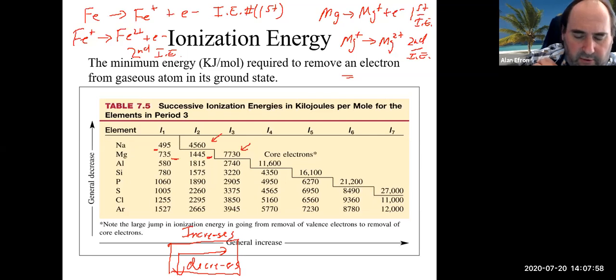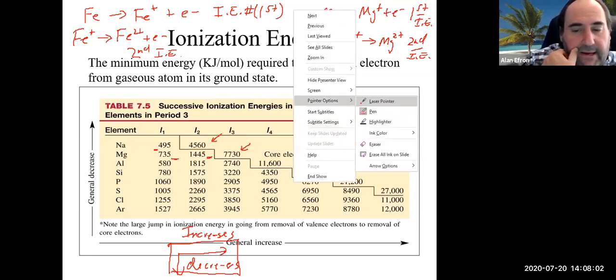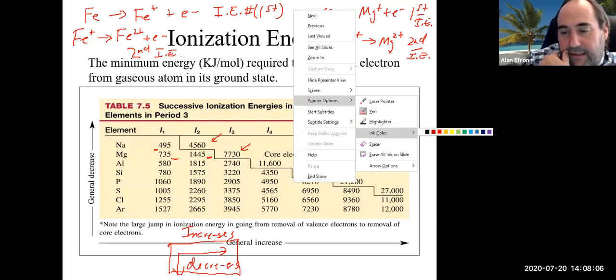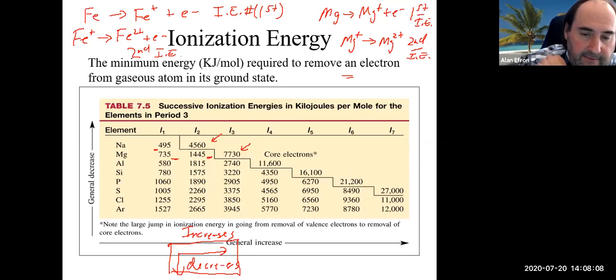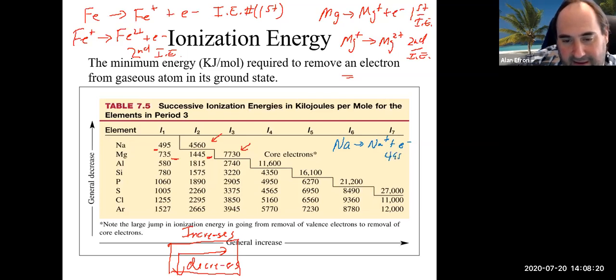So we do see a big jump in terms of ionization energy, especially when we look at something like sodium here. That first one, where we would see that first electron come off, was 495.